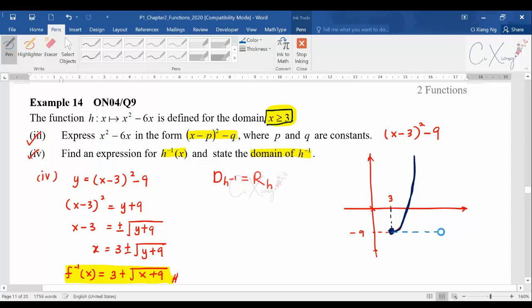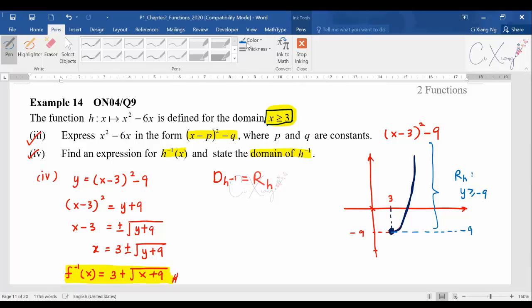From the graph that you sketched just now or in your mind, you know that the smallest value is -9 and the graph keeps on going up. Therefore, the range of H is y greater than or equal to -9. So you can use the same value for the domain of H inverse, but you change it to x.